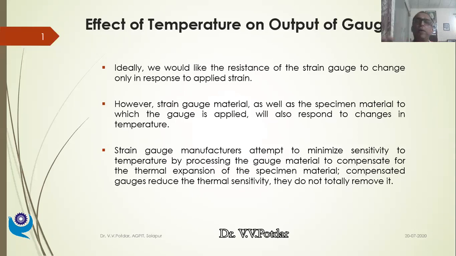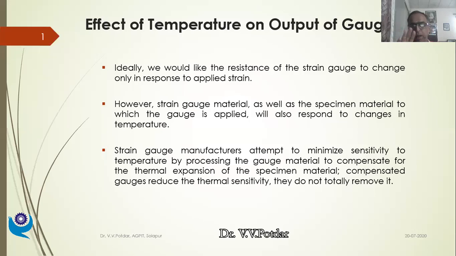Now, if you remember, my initial balancing equation, R1 upon R2 is equal to R3 upon R4. As we have seen in the last lecture, all the resistances are of the same value.